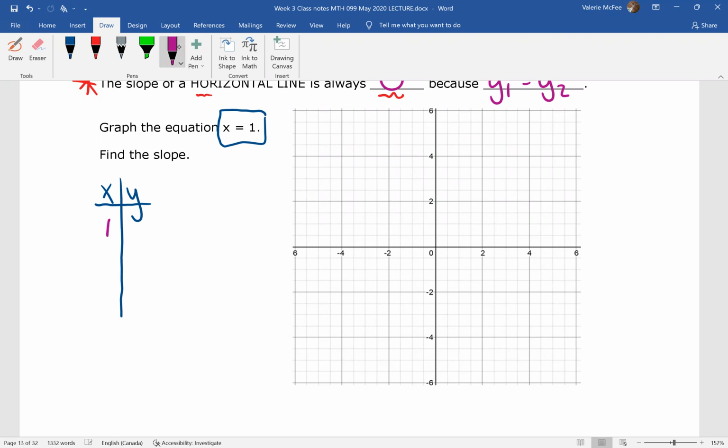You should remember that that equation tells us that x is always 1. And we remember that y can be any real number. That means y could be 0, -1, 3, anything.